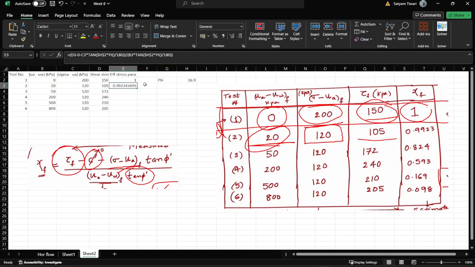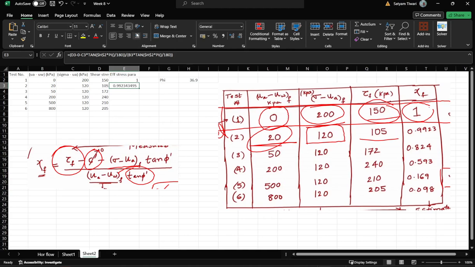So now it is giving 0.9923. Okay. And as we know, the value of chi varies from 0 to 1. So here we can obtain the distribution of the effective stress parameter chi at different levels of suction values.